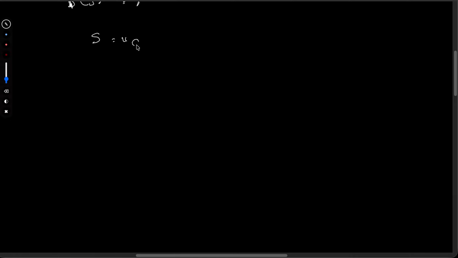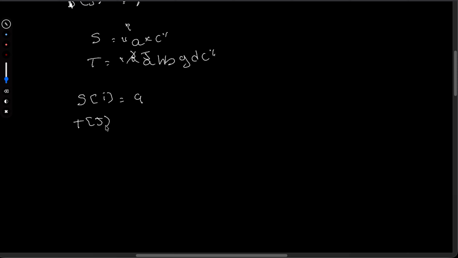Let's take another example. s is a x c and t is a h b g c. With i and j, s of i is a and t of j is a.